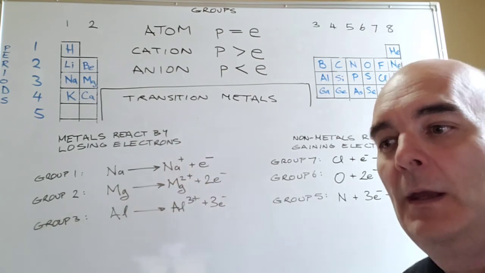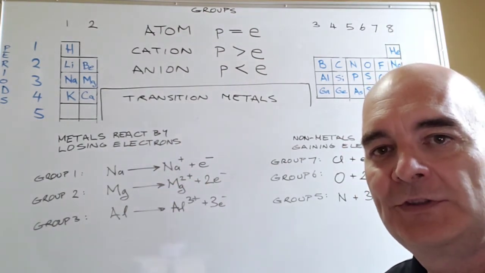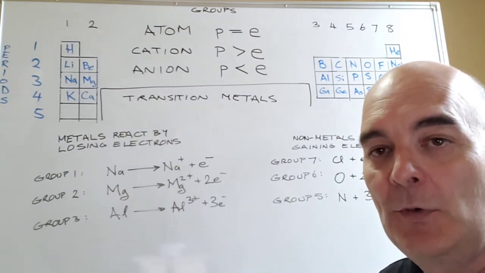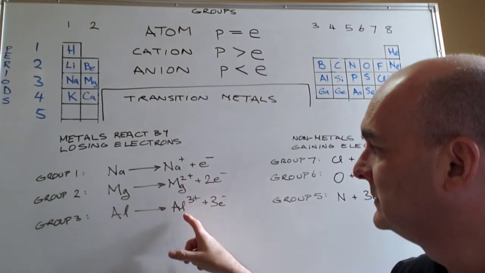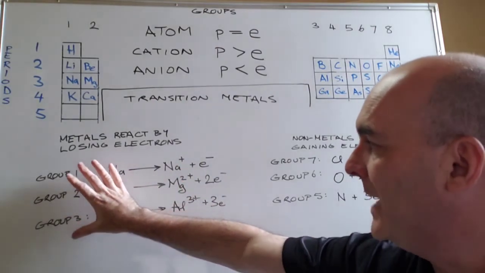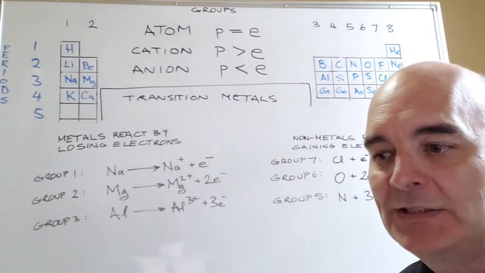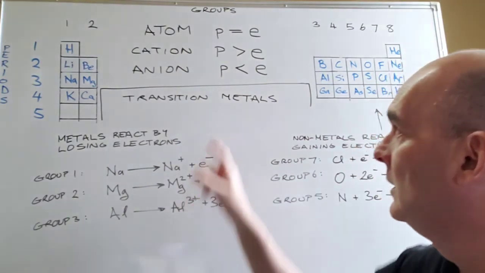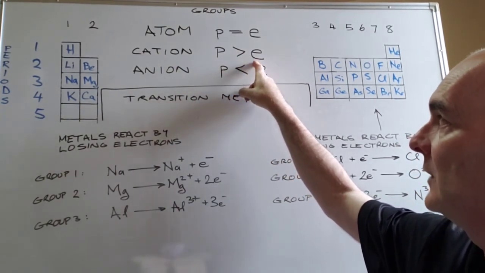charge. Atoms that have a charge, because the number of protons doesn't match the number of electrons anymore, are called ions. And these, for the metals, are going to be called cations. Cations have a positive charge because the number of protons is larger than the number of electrons.